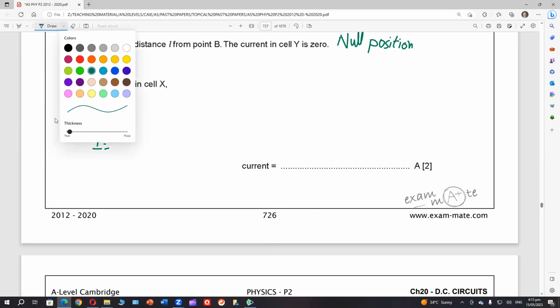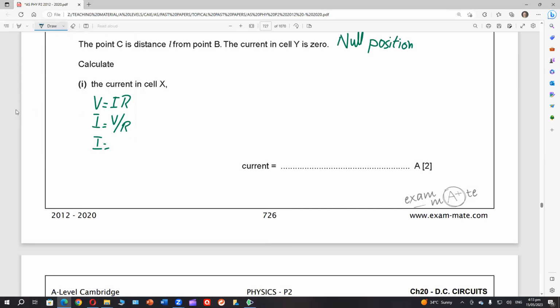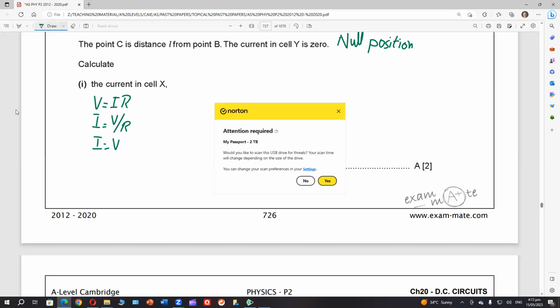The current in the cell will be going through the cell and it will be going through the wire.